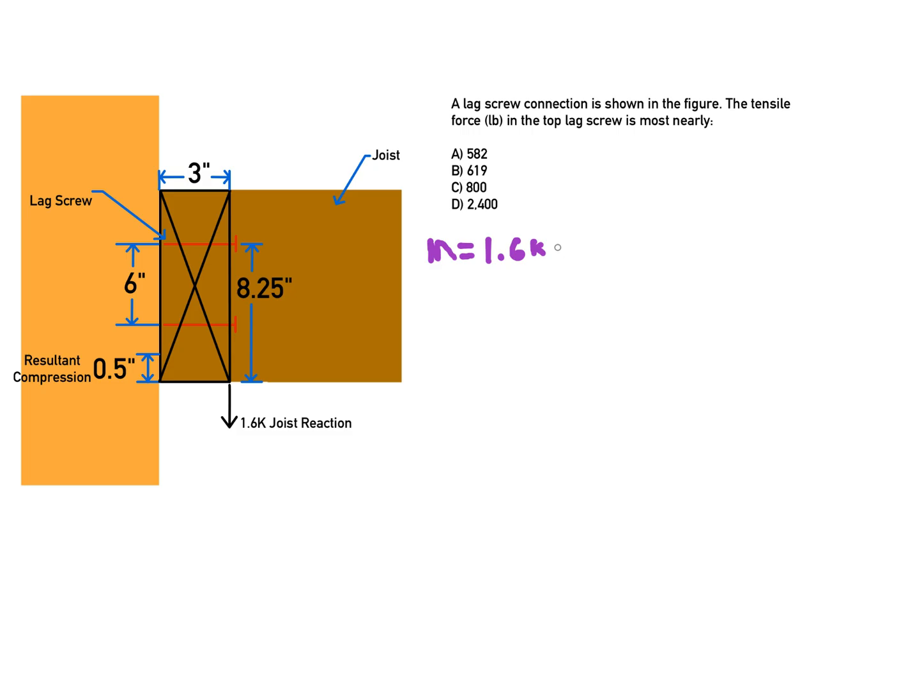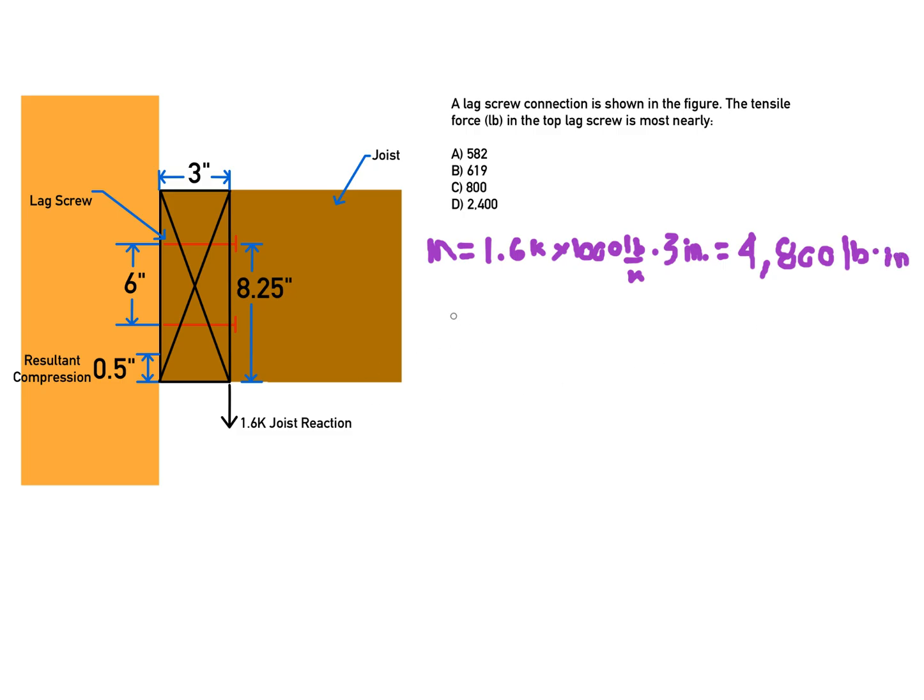We'll convert that to pounds times 1,000 pounds per kip times 3 inches is equal to, and we'll plug that into our calculator, and we'll get 4,800 pound-inches, or 4.8 kip-inches, right? So that is a moment.